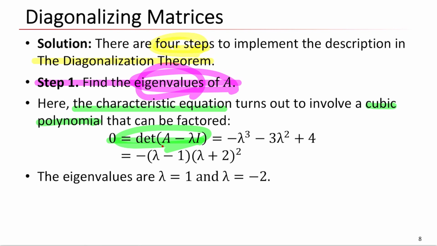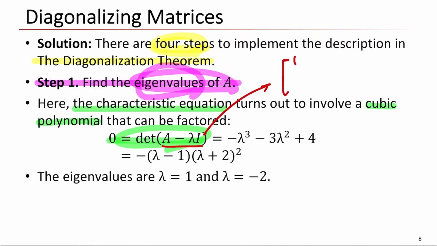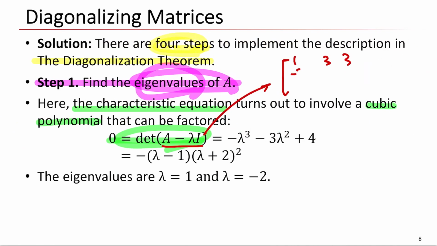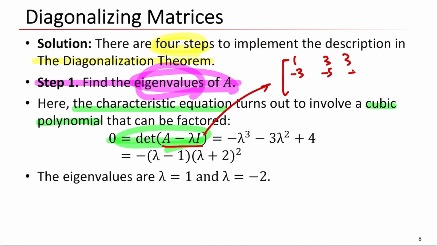So first of all, this matrix: 1, 3, 3, negative 3, negative 5, negative 3, 3, 3, 1. Then with the lambda I term, it will be lambda here, lambda here, lambda here, right?